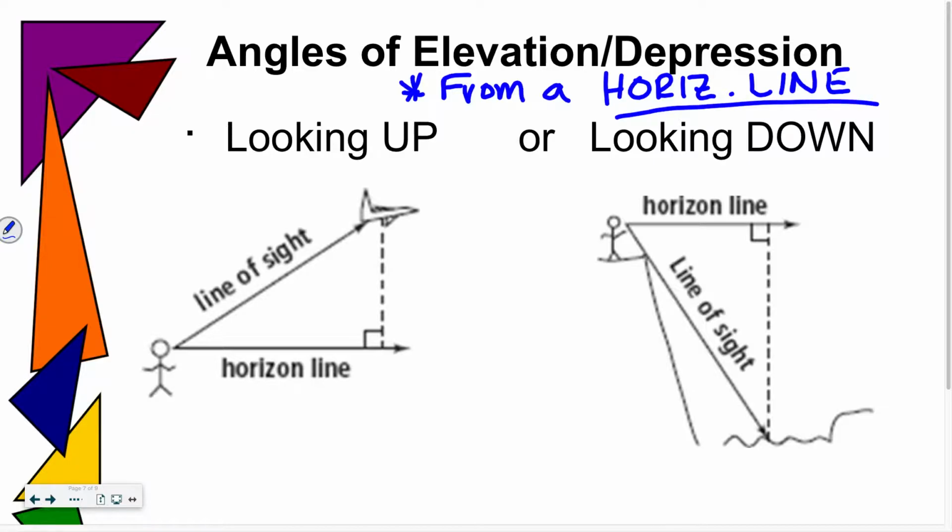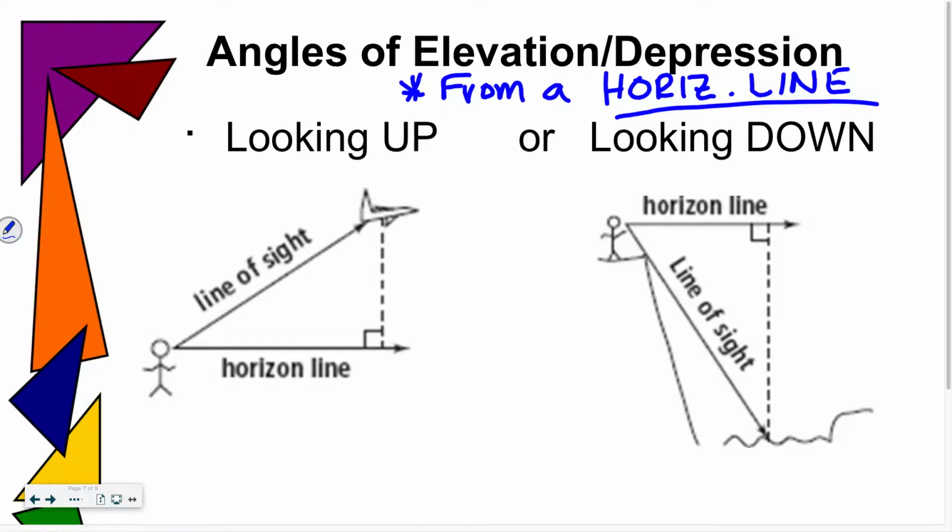Never ever is an angle of elevation or an angle of depression going to come from a vertical line. So when you're looking for your right triangle, make sure you either have a top horizontal line or a bottom horizontal line, and that's where you can get angles of depression and angles of elevation.